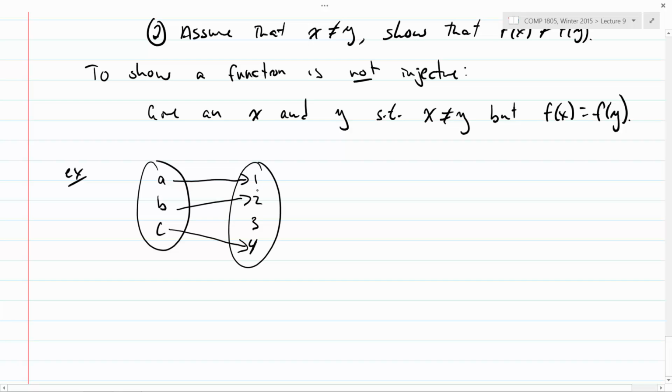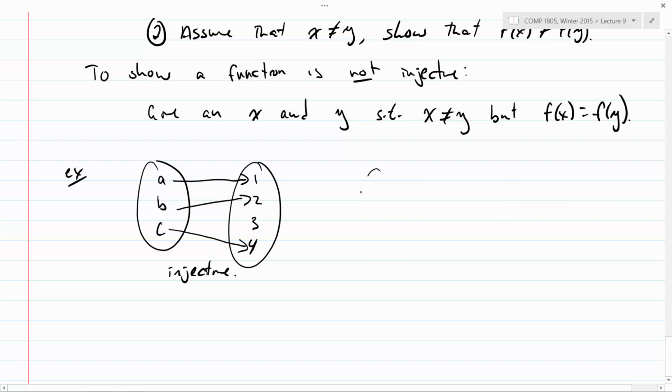How many incoming arrows? 1. Element 2. How many incoming arrows? 1. Element 3. How many incoming arrows? 0. Element 4. How many incoming arrows? 1. The largest number of incoming arrows I ever saw was 1. So that means that the function is injective. If at any point I had seen 2 or more incoming arrows, then it would not be injective. So this thing here is injective.